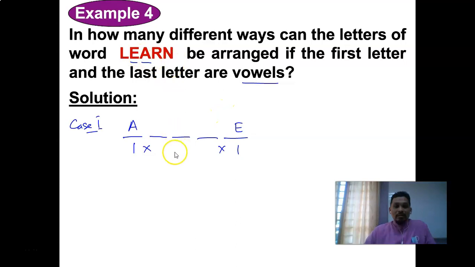For L, R, N, there are 3 ways of arrangement.